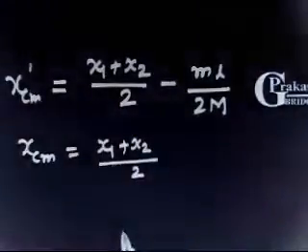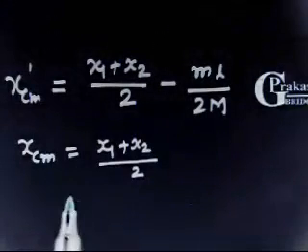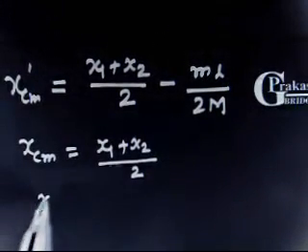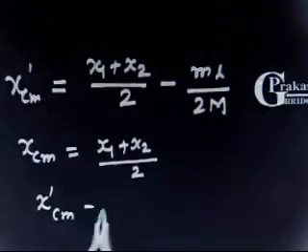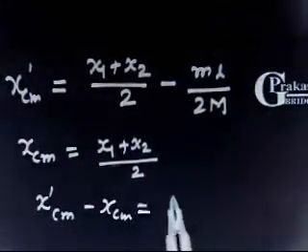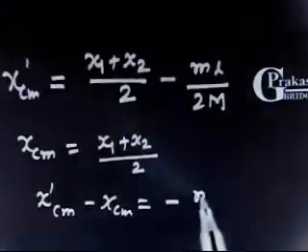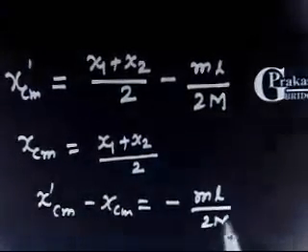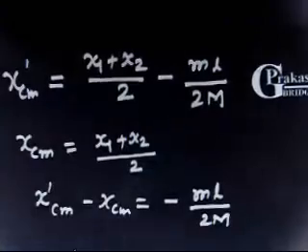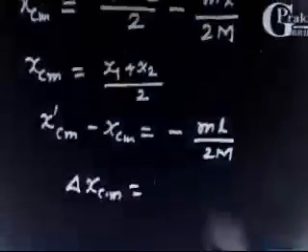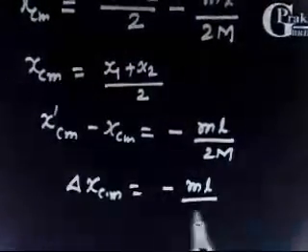So what is the change? Final minus initial, if I do xcm dash minus xcm, this goes out, so I will simply have minus ml by 2m. So this is the delta xcm, minus ml divided by 2m.